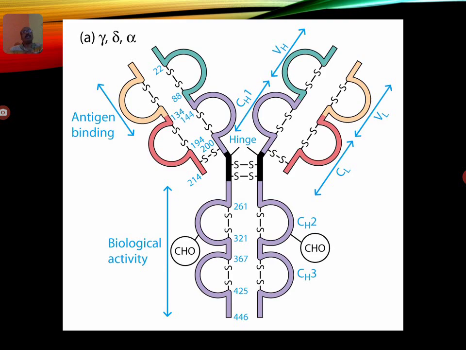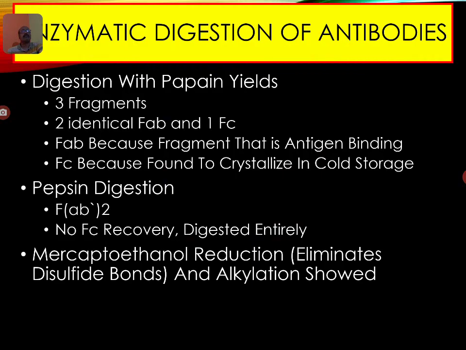In this picture you can see how each domain is joined together by disulfide bonds in the hinge region, as well as in the heavy and light chain regions. When we digest this immunoglobulin with the papain enzyme, it yields three fragments: two identical FAB fragments and one FC fragment.